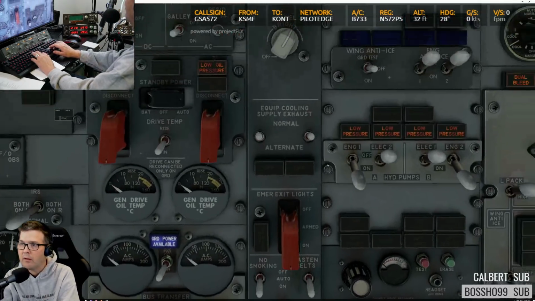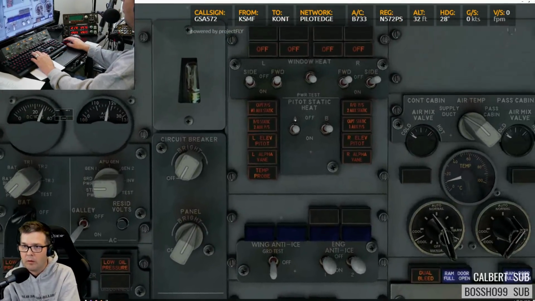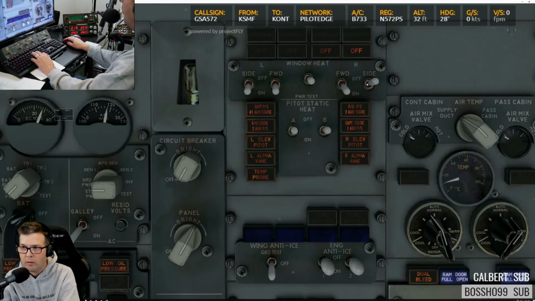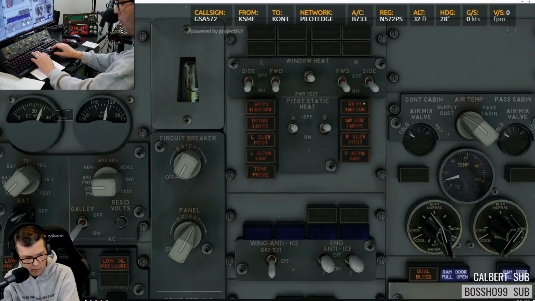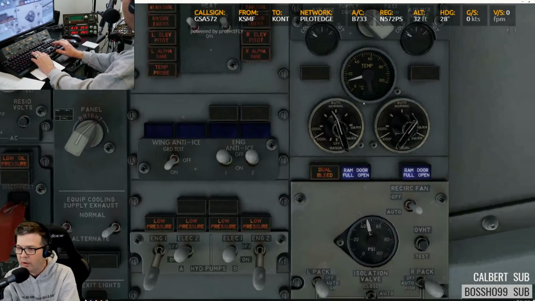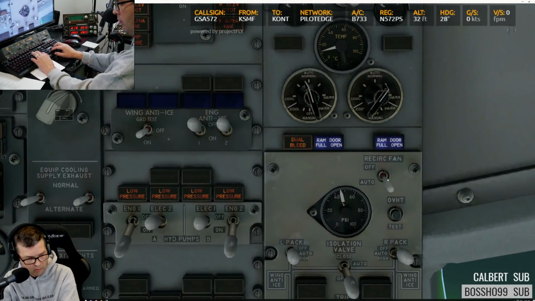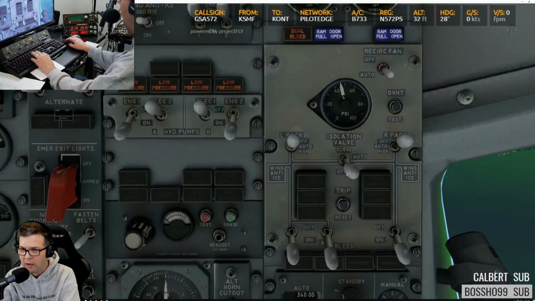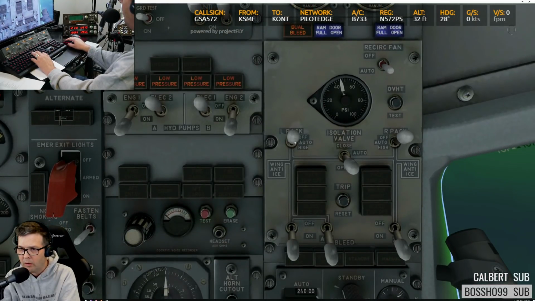Window heat. Recirc fans on. Left pack auto, right pack off.